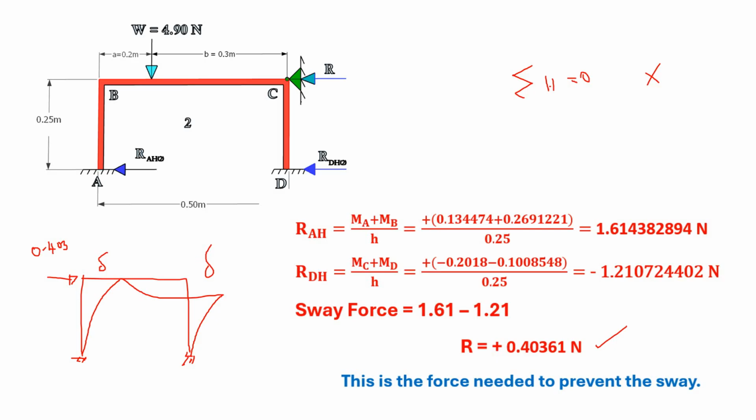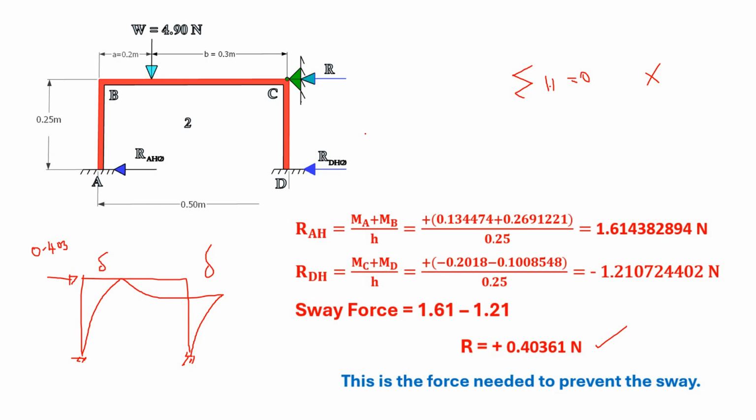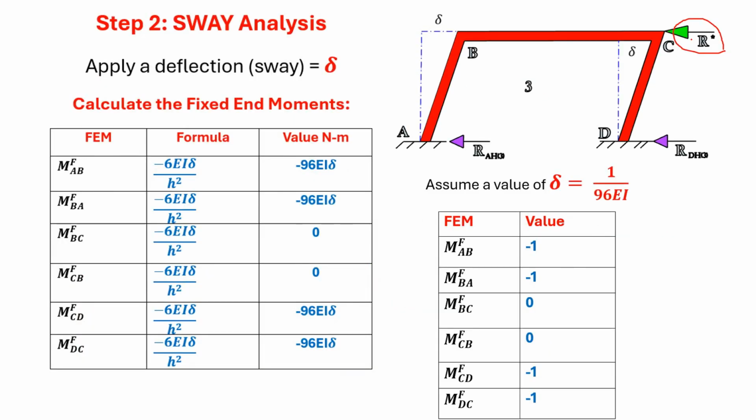For that, we assume that the sway happens towards the right. Once you assume this, you can calculate R star, the sway force corresponding to the sway delta. But in the previous case, we don't know what sway was created. That's why we first find this R star sway force for an arbitrary deflection delta.